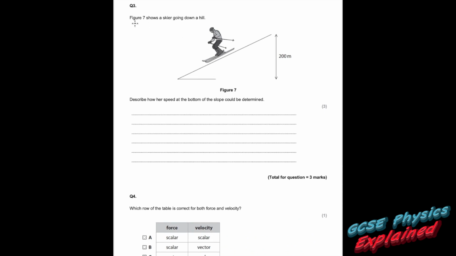Question 3. Figure 7 shows a skier going down a hill. Describe how her speed at the bottom of the slope could be determined. Right, well, base your explanation on the calculation. So the calculation for speed is speed equals distance divided by time.